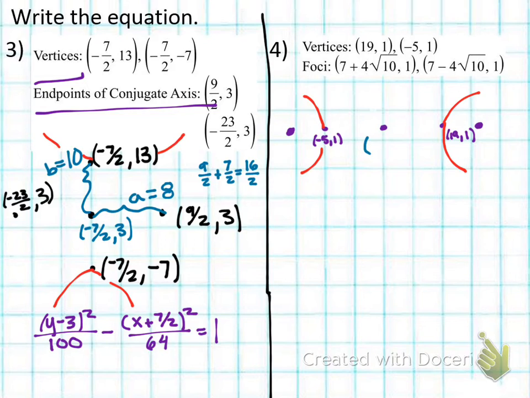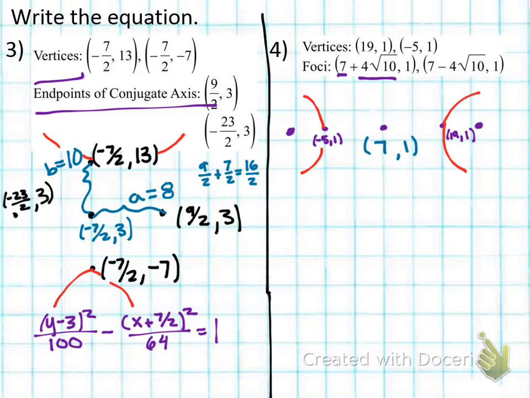Okay, and then the center here, I know it's in line with all of these, so the y-coordinate is going to be 1. And the x-coordinate would be directly in between these two. So between -5 and 19, I add and divide by 2, so I get 14/2, which is 7. That's my center, and that makes sense looking at the foci, because I see, oh, from 7 on the x, I go to the right 4√2.